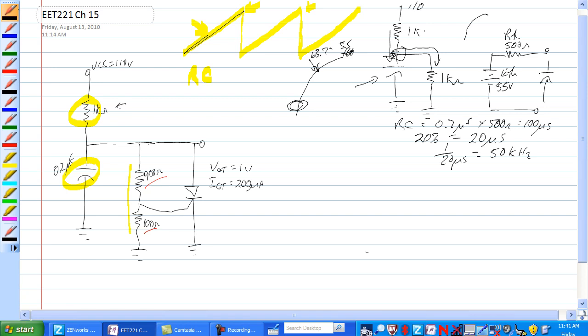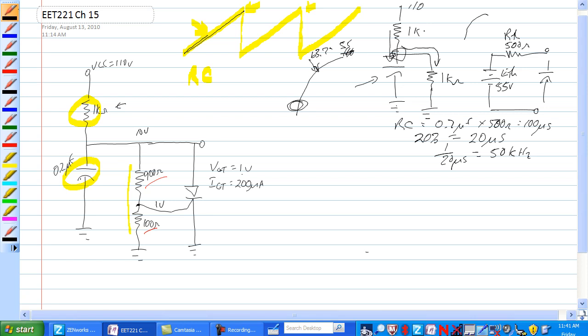Now the question is this voltage gate trigger is at 1 volt, and so I need 1 volt here. So if this charges, this one's actually kind of obvious. If this one charges to 10 volts here, then I will get 1 volt here.